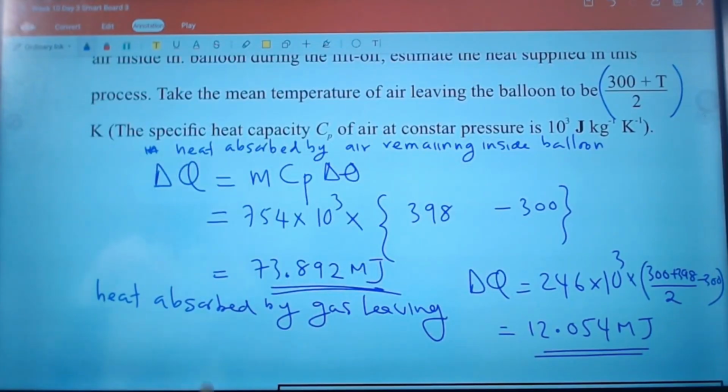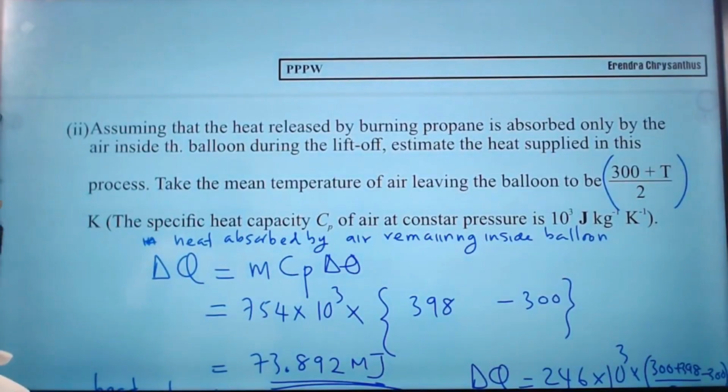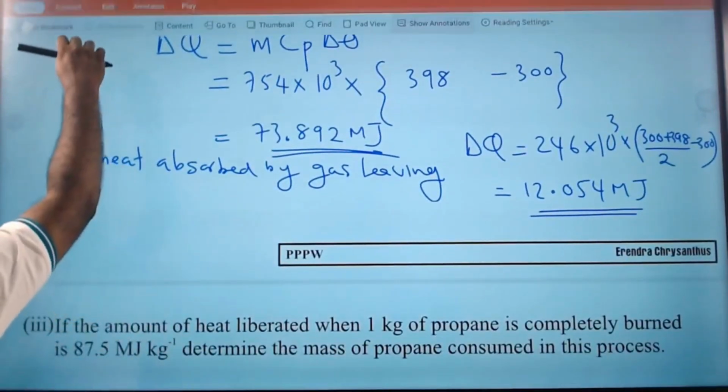So what are they asking you? They are asking you heat release is absorbed by the balloon inside during liftoff. Estimate the heat supply. So total heat supply.